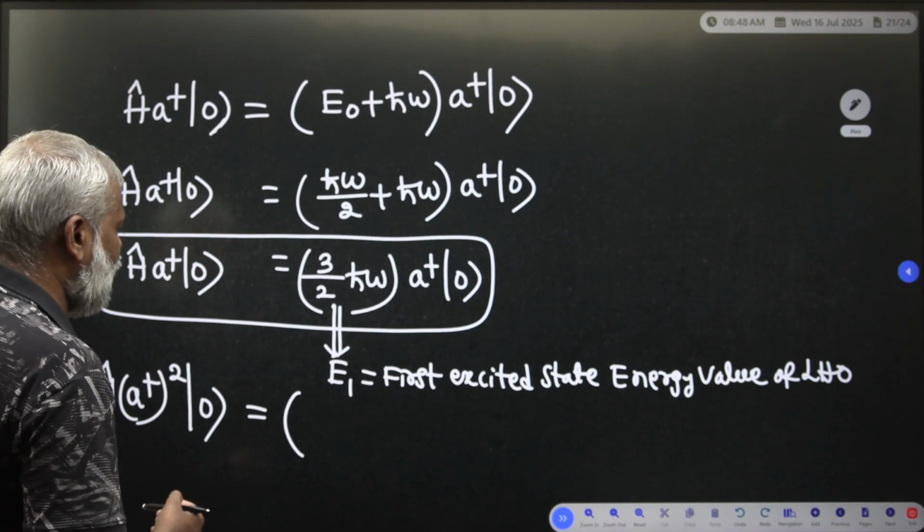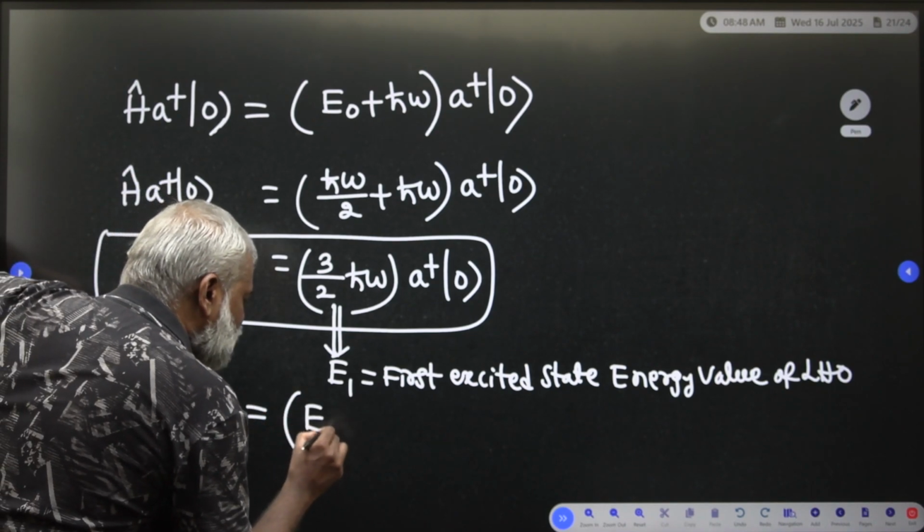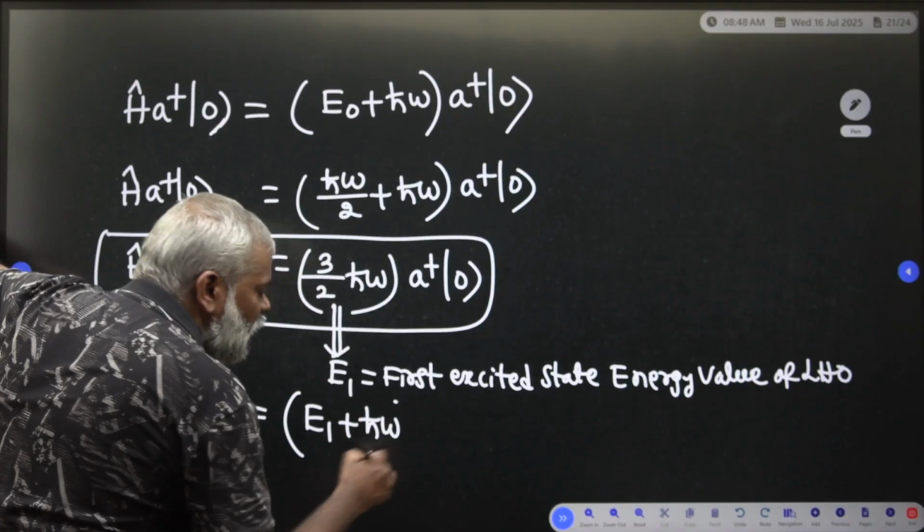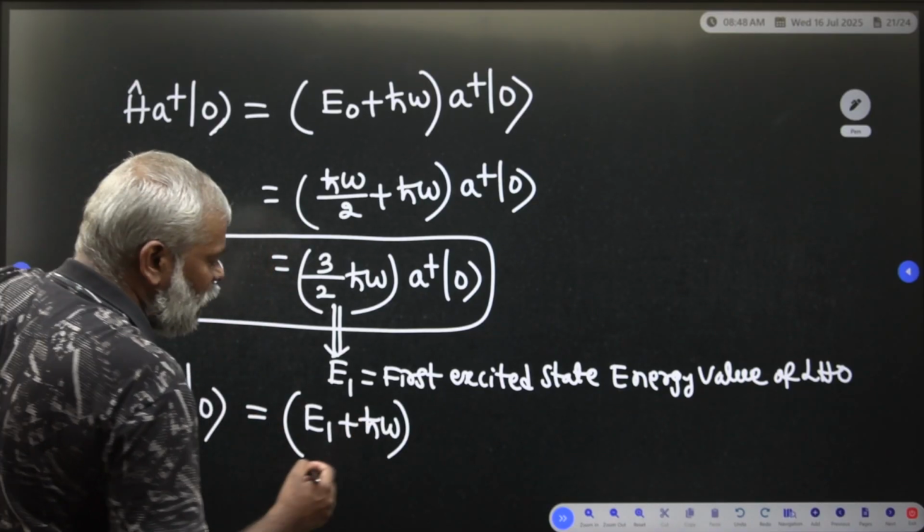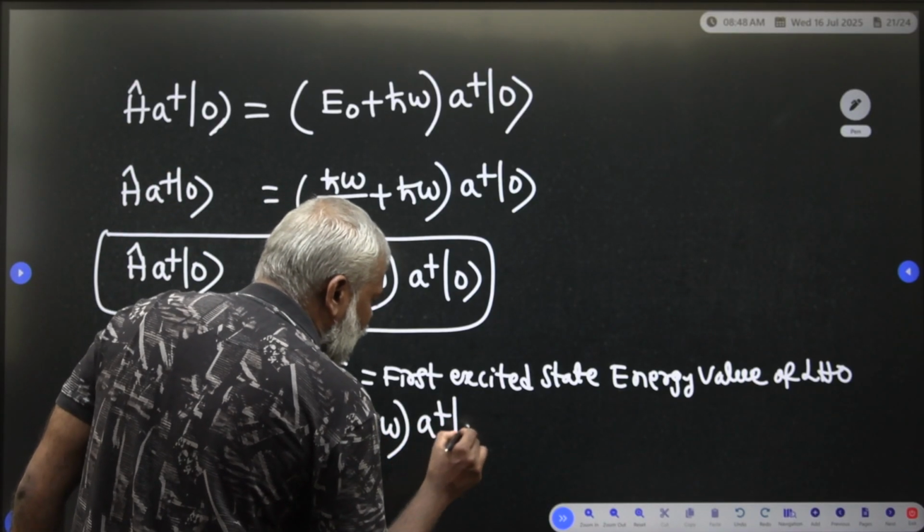What is going to happen? You get E1 plus H cut omega times A dagger ket 0.